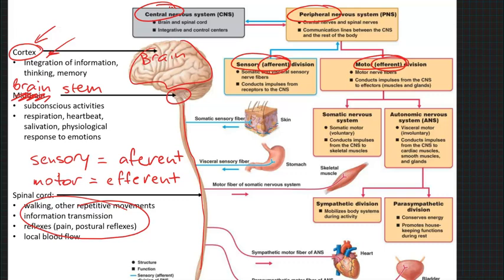Does that make sense to you all? Excellent. Within the motor system, we have two sub-branches, somatic and autonomic. Somatic motor responses are produced by your skeletal muscles. Therefore, they can be controlled.